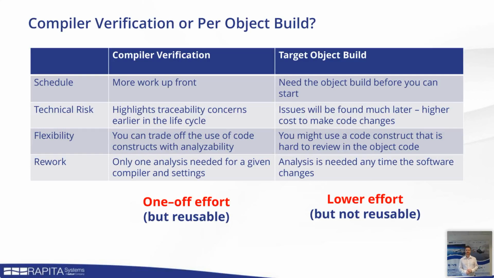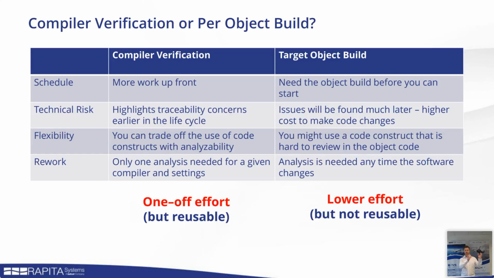The target object build analysis: first of all, you can only start that once you've actually developed your software and you have that artifact. So there's a high cost to making changes. You have to get back to the beginning of the life cycle. You may find that there are code constructs that are difficult to analyze. It's difficult to determine where this object code came from.